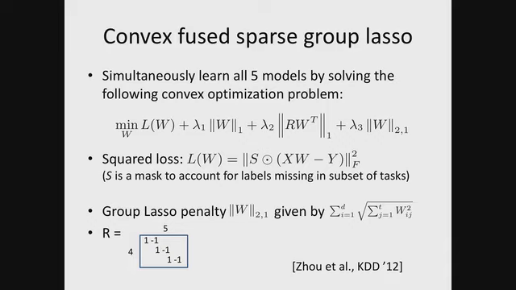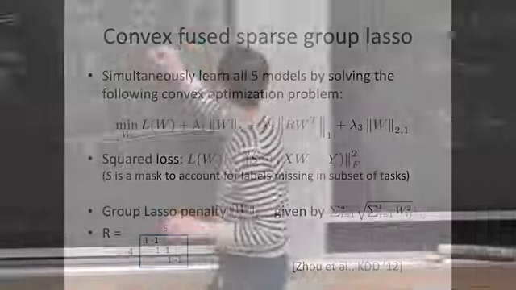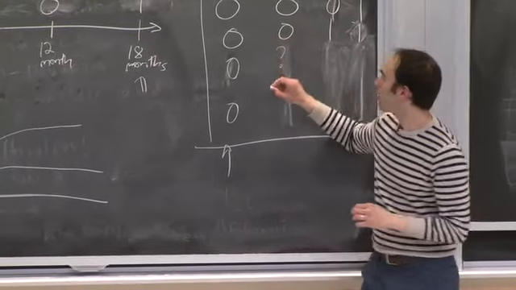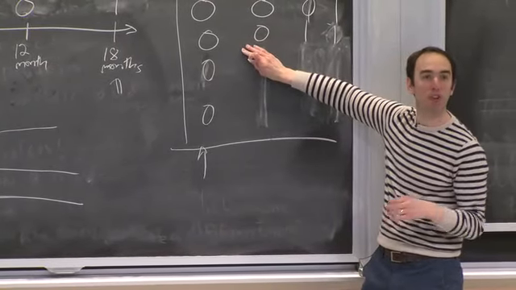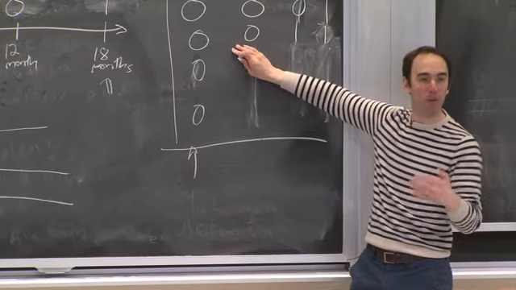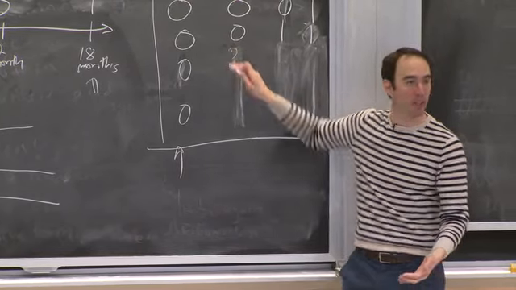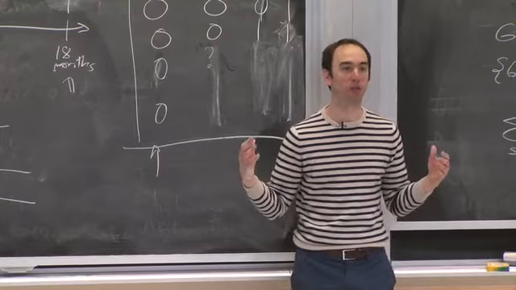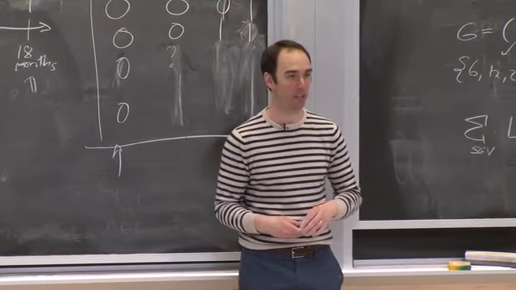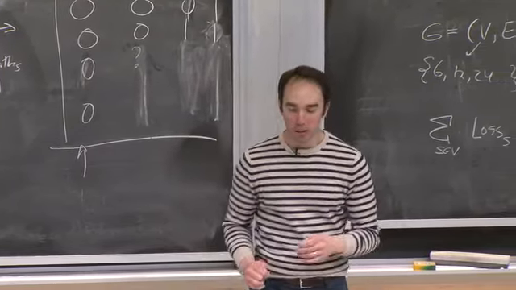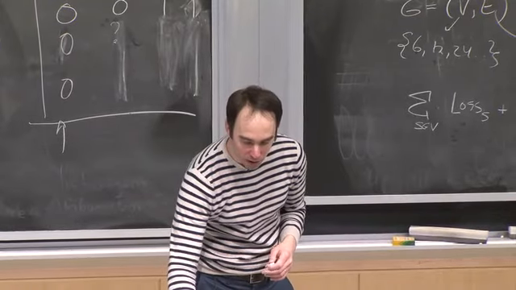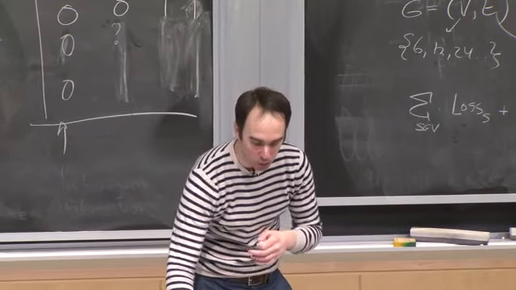That S is simply a masking function. It's saying if we don't observe a value at some time point, like if, for example, this is unknown or it's censored, then we're just going to zero it out. So there will not be any loss for that particular element. So that S is just the mask, which allows you to account for the fact that you might have some missing data. So this is the approach used in that KDD paper from 2012.